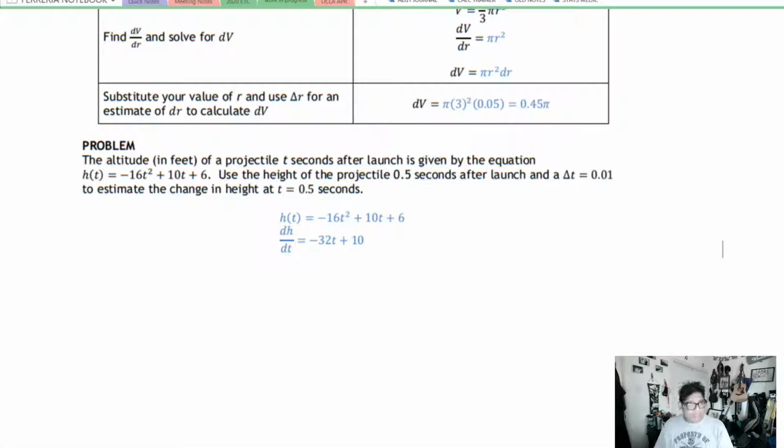Not a big deal so far. Let's multiply this dt over to both sides. And now we're going to estimate the infinitesimal change in t, dt, with a small change in t, delta t. The consequence of this is instead of having an equality, now we're going to change this to an approximation because we have that delta t there.